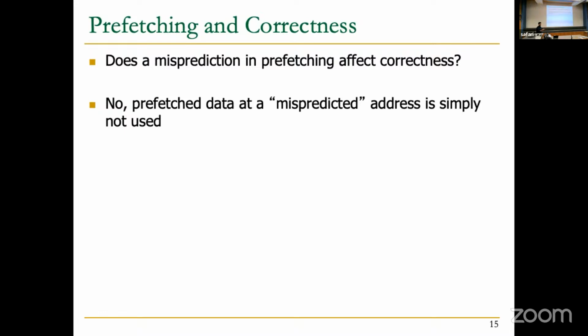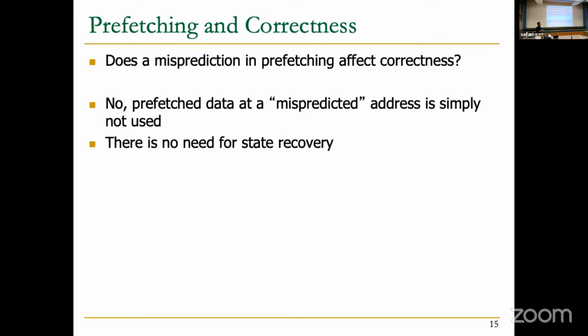You just fetch the data and you're not using it. That's wasted resources, which we are going to look at later, but it's not fundamentally changing the correctness of the program. Because the program eventually demands some data, it would either get the data in the cache or it won't get the data in the cache.